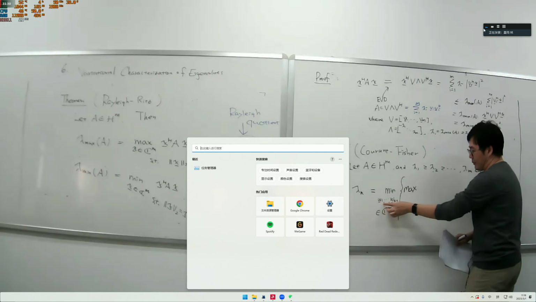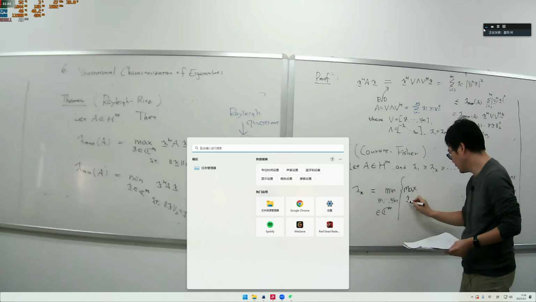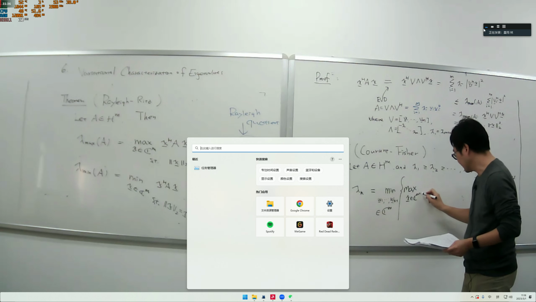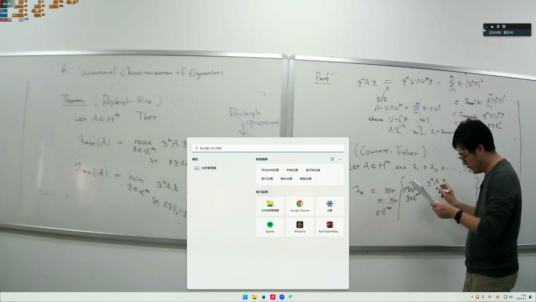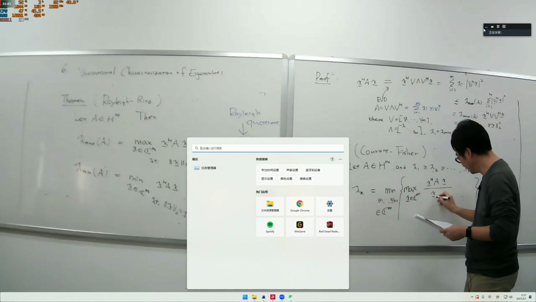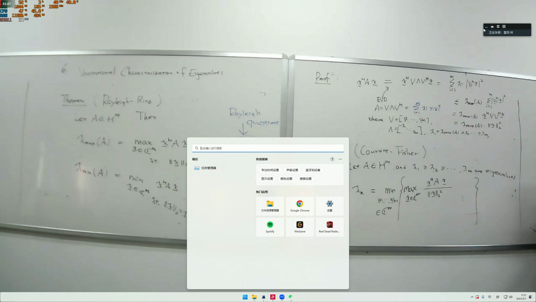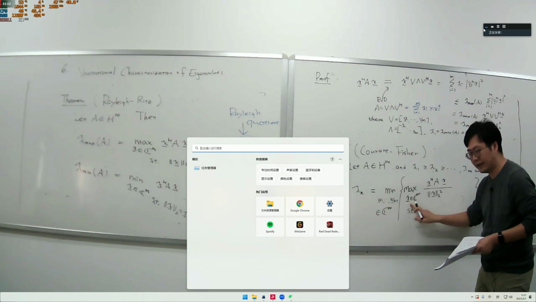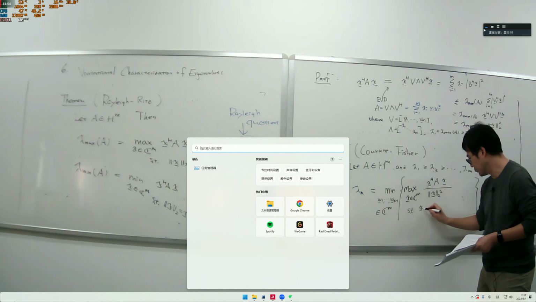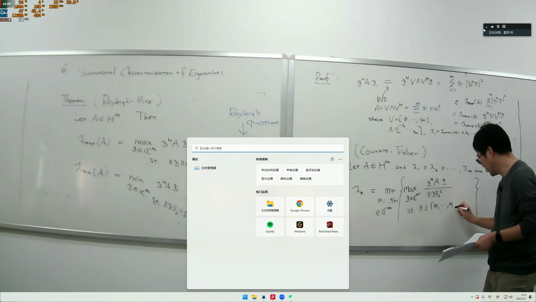Then given w1 to w(k-1), on the inside we again consider the same quadratic form, the Rayleigh quotient, but with an additional constraint that x is orthogonal to w1 to w(k-1).